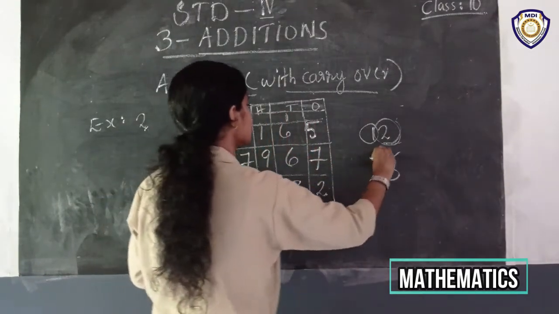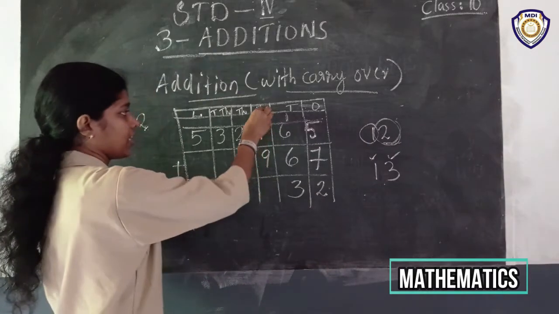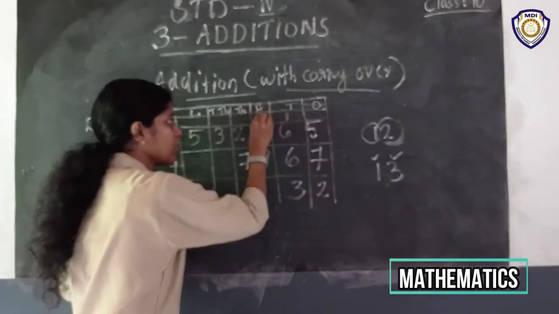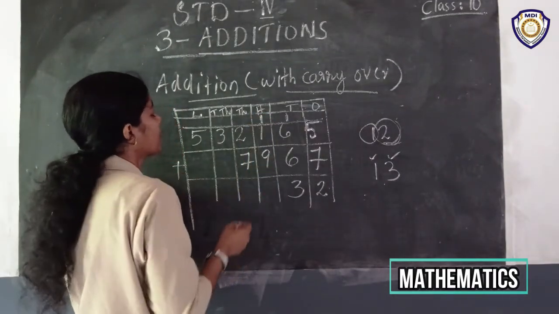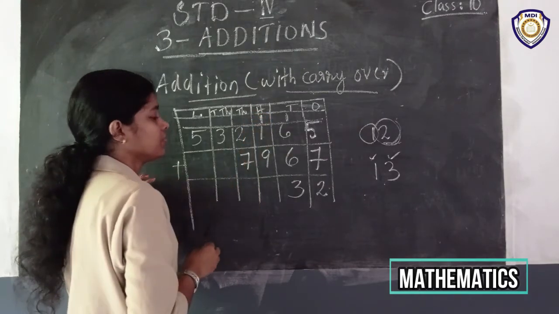Then the balance is 1, carried to the hundreds column.